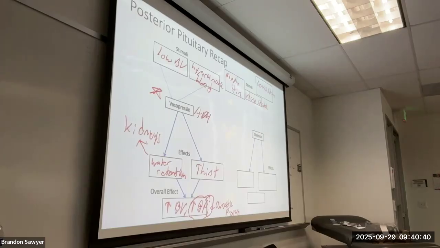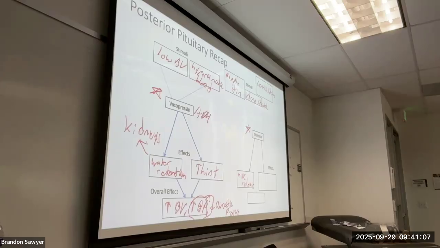All of these things can lead to oxytocin release, which then leads to contraction of smooth muscle of some sort. With nipple stimulation, it's going to lead directly to the letdown reflex, which is really what causes milk release in breastfeeding.